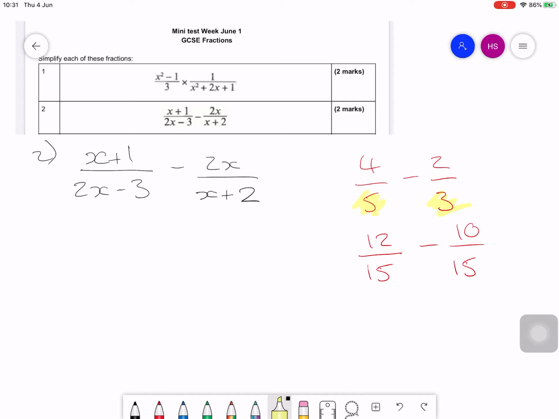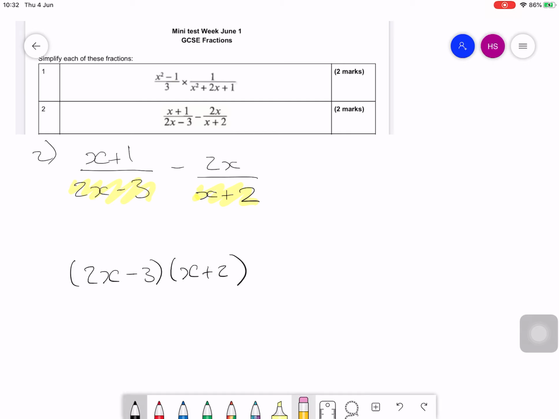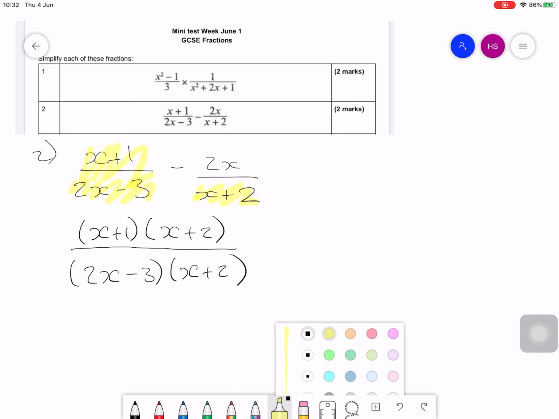So the lowest common denominator I'm going to be able to come up with is just those two multiplied together. So the lowest common denominator is going to be 2x minus 3 multiplied by x plus 2, and I'll write them out as two separate fractions, but you could actually do this stage all in one go. So the first fraction, that numerator of x plus 1, needs to be multiplied by x plus 2, the whole fraction, because at this point I'm just finding an equivalent fraction.